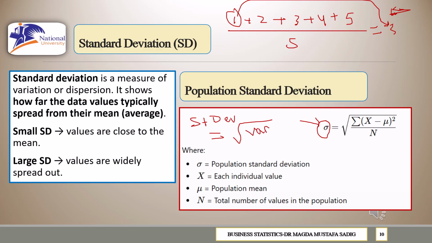That is why we take the square root of the formula of the variance for the population, which is the sum of the squared deviations of xi from the mean, divided by the total number of values in the population. This relationship between the standard deviation and the variance is very important.